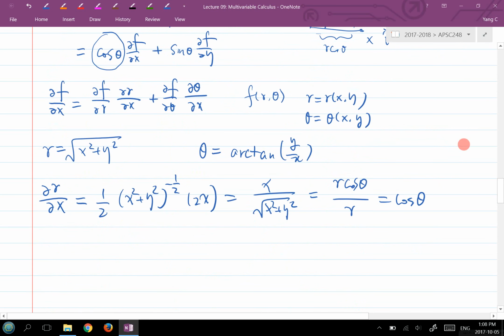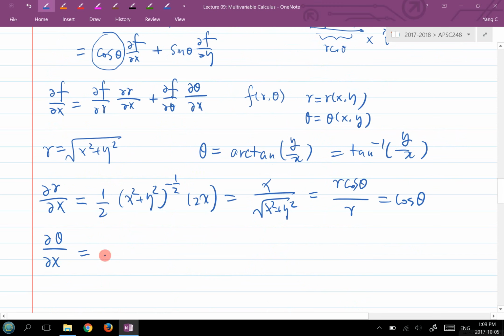Okay, so let's continue here. And finally, you take partial theta over partial x. So again, that's very similar to the tan inverse y over x, like the example we just did. So the derivative of theta over x, you can use the same analogy there.